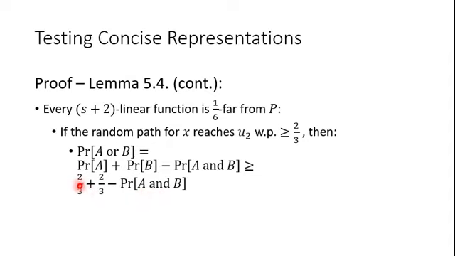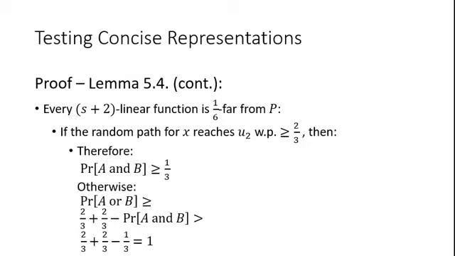These 2/3 come from the fact that x reaches U2 with probability 2/3, and so does x1. So what does this mean for the probability of A and B together? It has to be at least 1/3. Why?